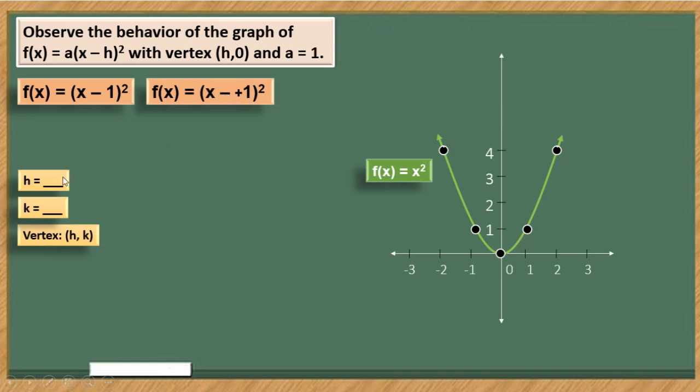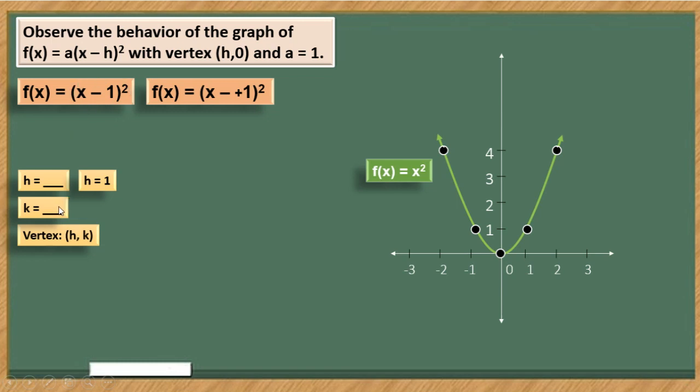So what is now the value of our h? The value of h now is positive 1. How about our k? What's the value of k? Our formula is only this. There is no k in this formula.